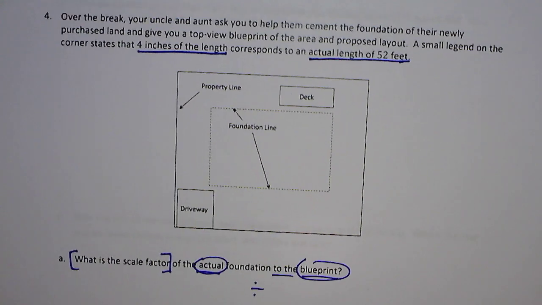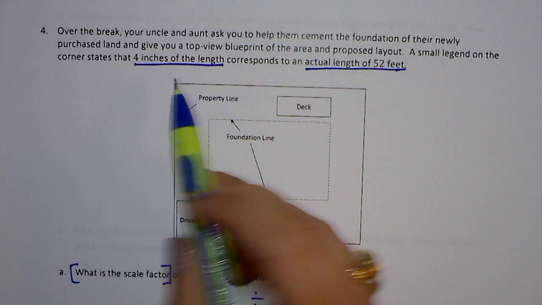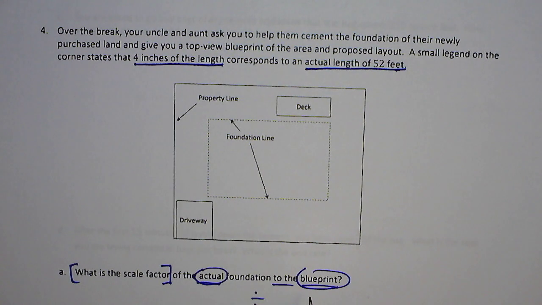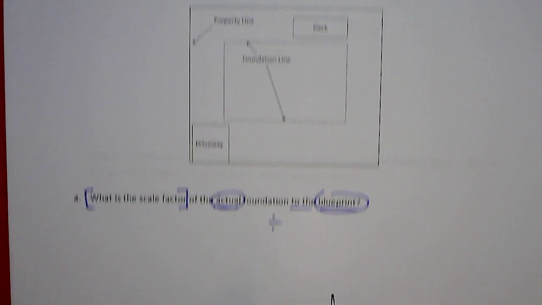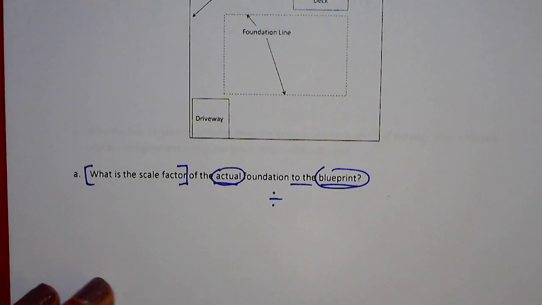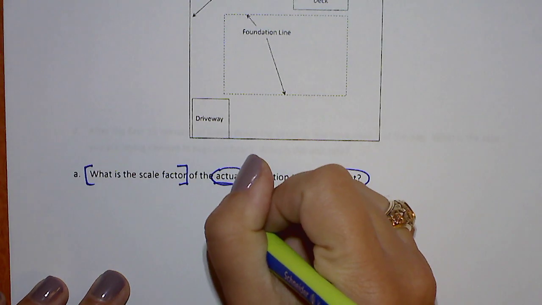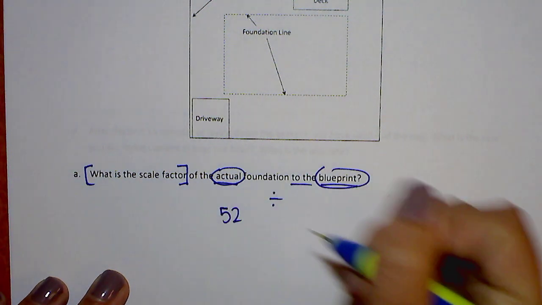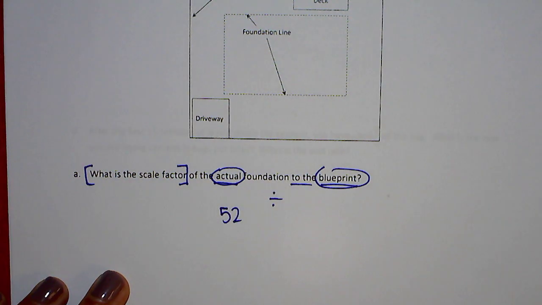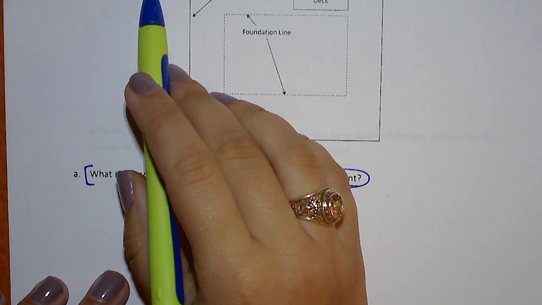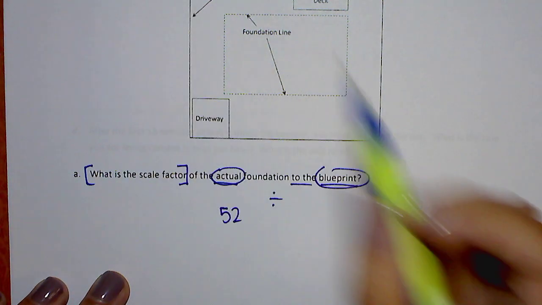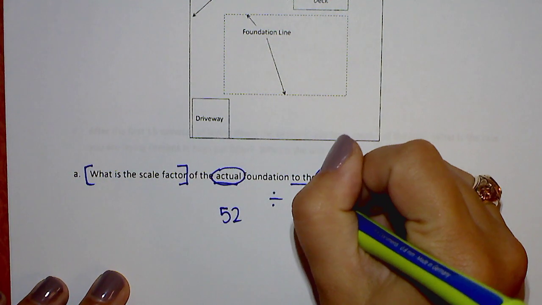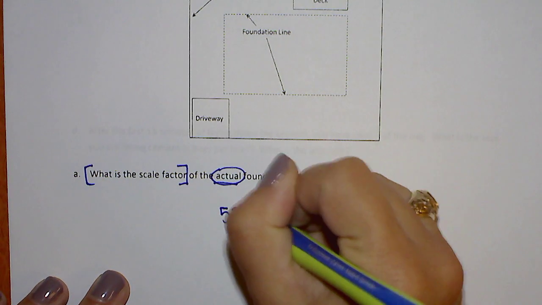So I'm going to take the length of the actual foundation and divide by the length of the blueprint. Actual foundation is 52 feet, and the blueprint is 4 inches.